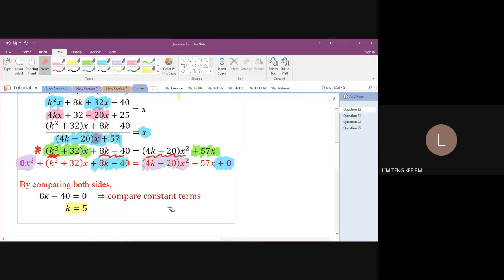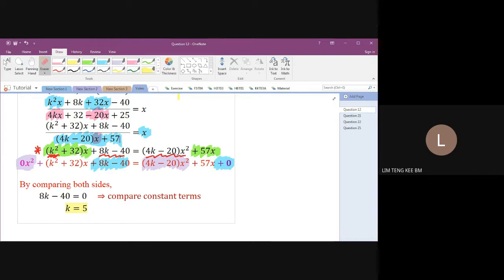I don't have to bother about comparing the x squared term and x term anymore because the main purpose of comparing is to solve k, and I already got the k. Even if you try to compare with the x squared term, it is meaningless because it will only help you solve k. Of course, you can try to compare, and by right, they give you the same answer for the k value.